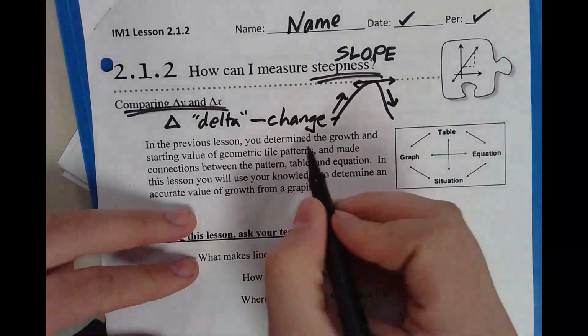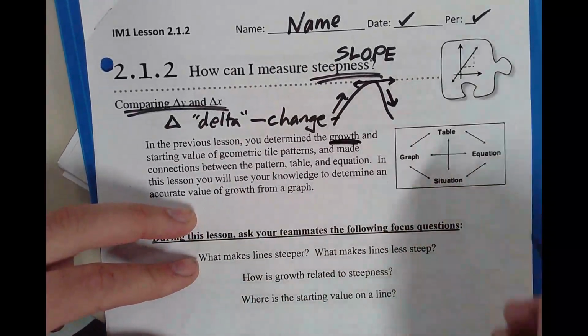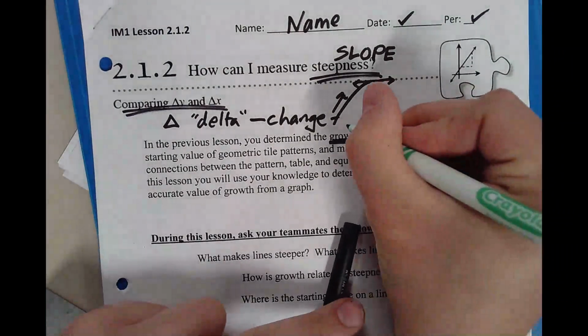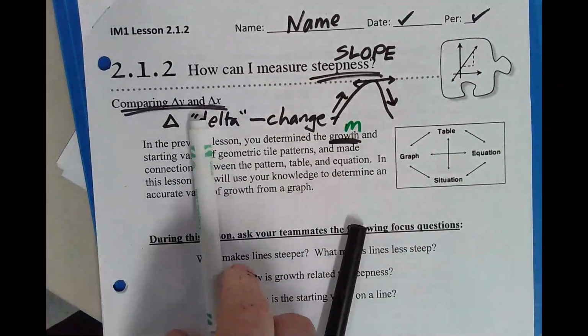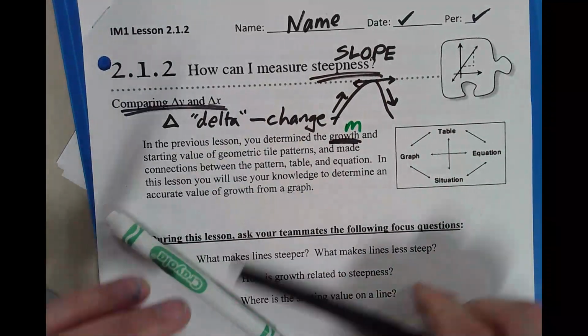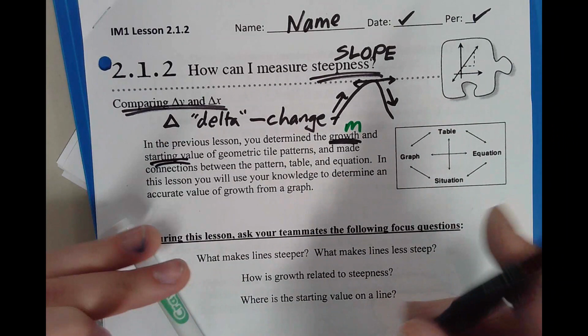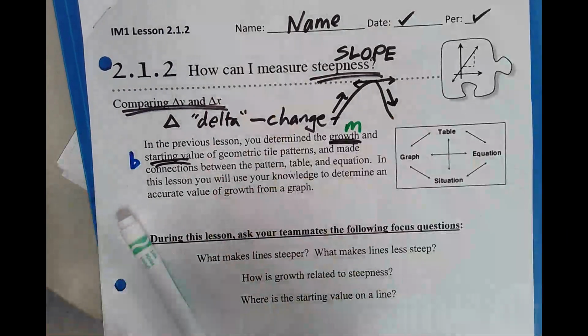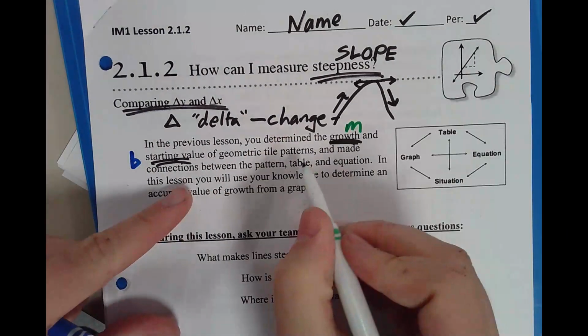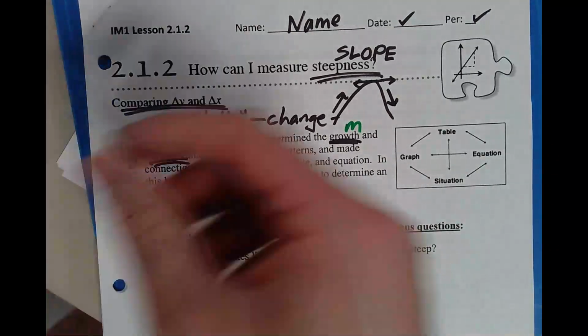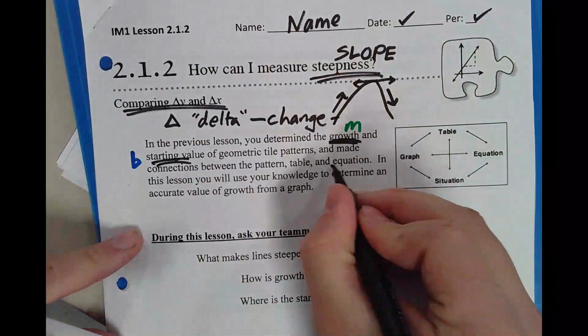In the previous lesson, you determined the growth, slope, and the starting value, b, of geometric tile patterns, and made connections between the pattern table and the equation.